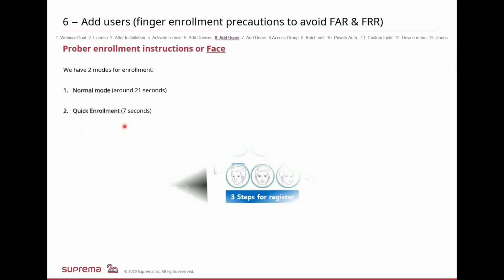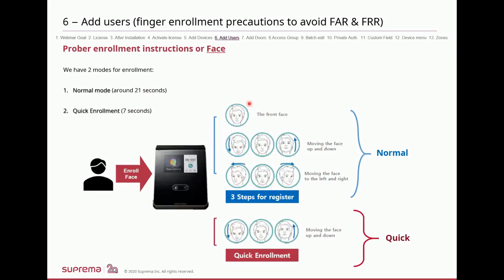To understand the differences: in the first mode, the normal one, you show your face for 7 seconds as a steady face. Then for the second 7 seconds, you move your face a little bit slowly up and down. Again, you move your face a little bit right and left for another 7 seconds.